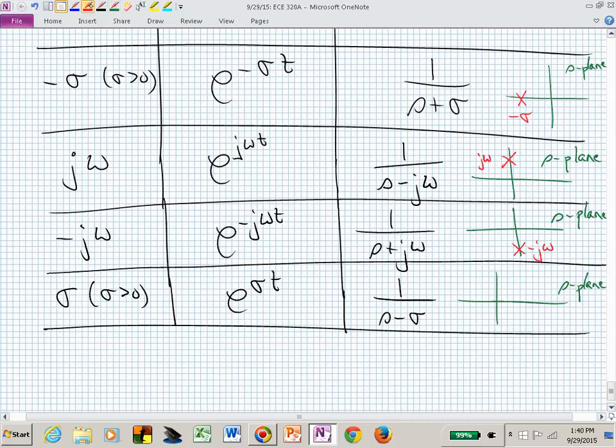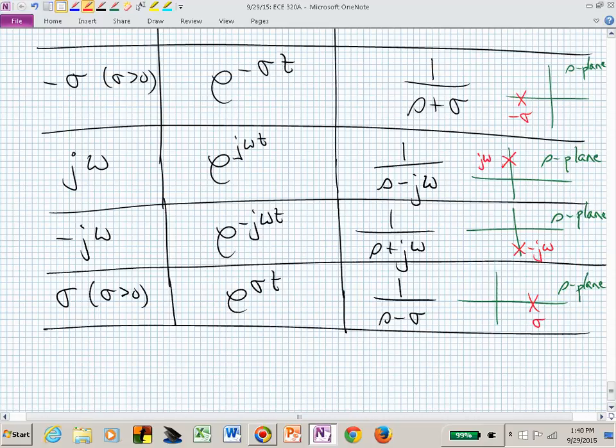The value of s where that vanishes is over here at sigma. This chart is now instrumental in us trying to figure out the Laplace transform of many different waveforms.